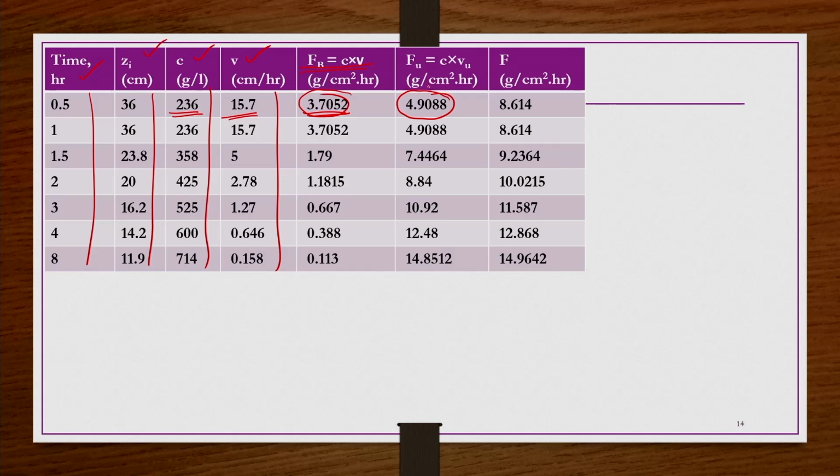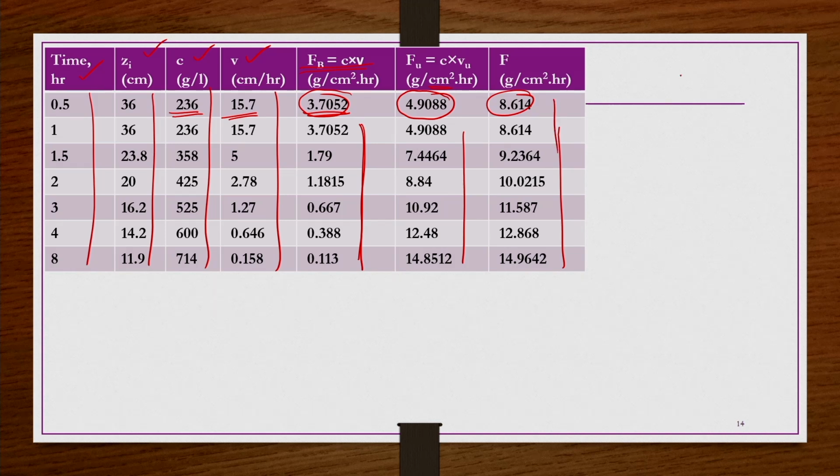You should be careful about these units, because the unit for concentration is given in gram per liter and flux is in gram per centimeter square per hour. Total flux would be the addition of these two. Like that, for other time values you calculate the batch flux, underflow flux and then total flux. So you can get the total solid flux.